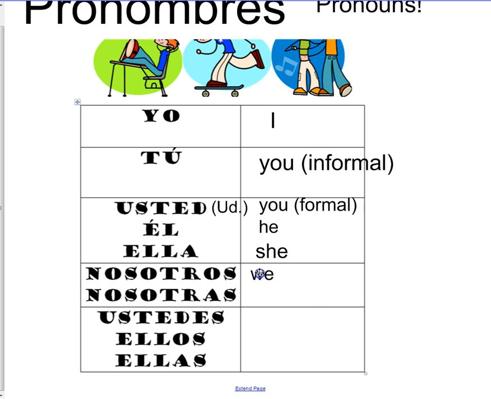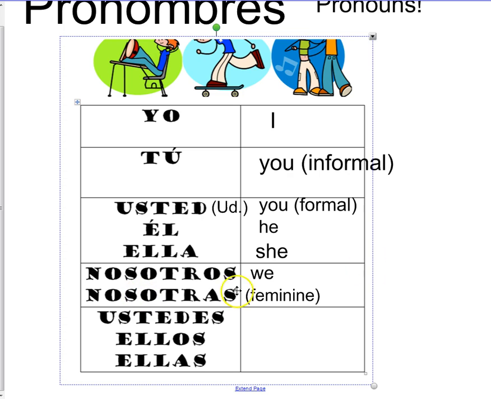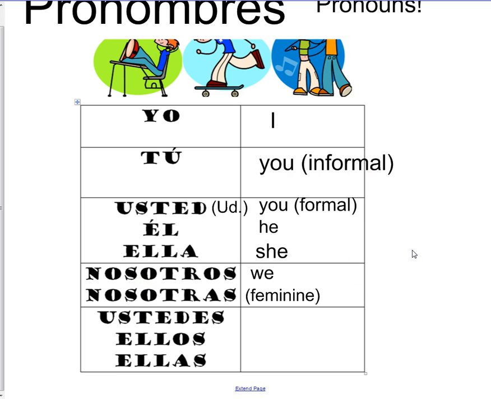And the reason why you would use that one is if you had we, and it was a group of girls. So we call that feminine, okay? And it has to be a complete set of all girls. That's how you use nosotras. If it's all girls and one boy, then you use nosotros, okay? So you use this one rarely if you're saying we, a group of girls.